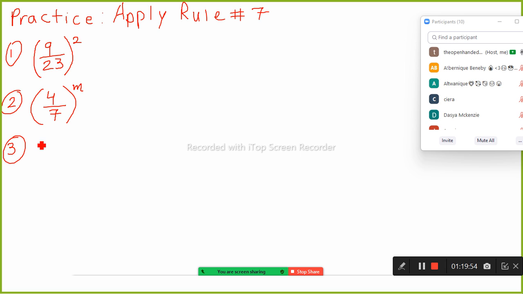Let's say I have p over t, and you want to raise it to the power of 5.